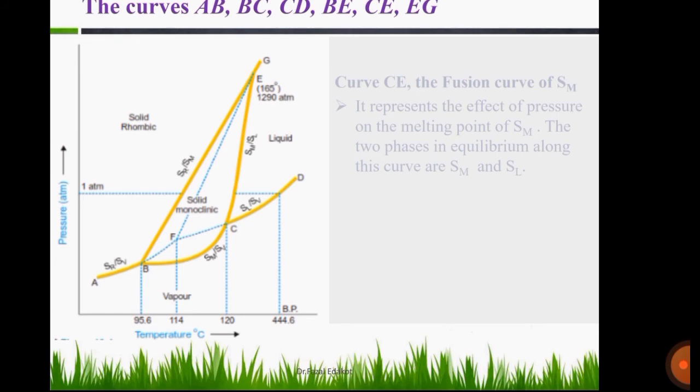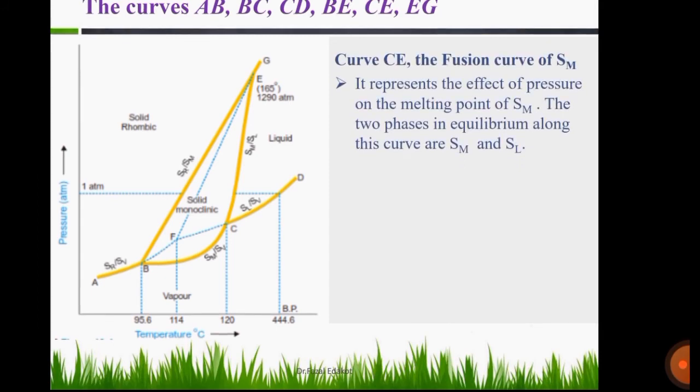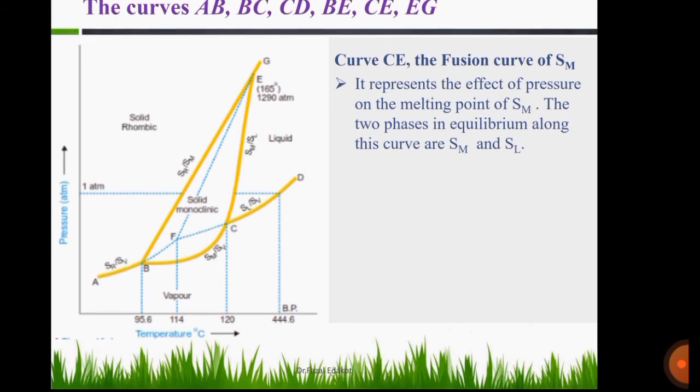Then the curve CE, it is called the fusion curve of monoclinic sulfur. It represents the effect of pressure on the melting point of SM. The two phases in equilibrium along this curve are SM and SL. The system SM and SL is monovariant, as the melting or fusion of SM is accompanied by a slight increase of volume. The melting point will rise by increase of pressure, according to Le Chatelier's principle.